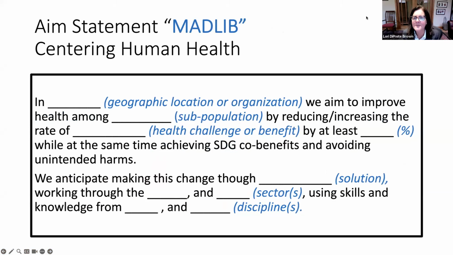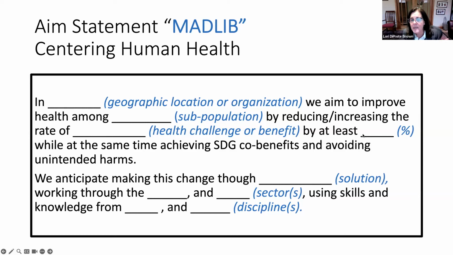But here you have: what place are we talking about? Whether it's an organization or a place in Madison, Wisconsin, we aim to improve health among who? I'm going to say among women who are 63, that'll be me, by reducing or increasing, depending on whether you're seeking a positive health state or trying to address a negative one.